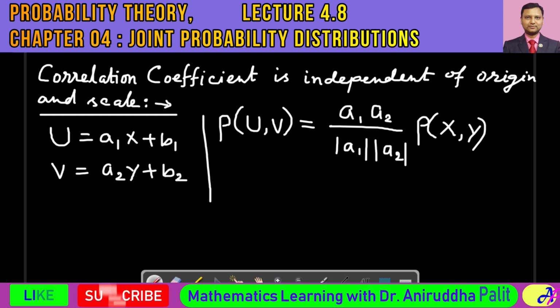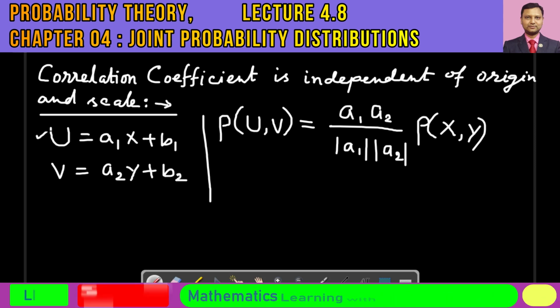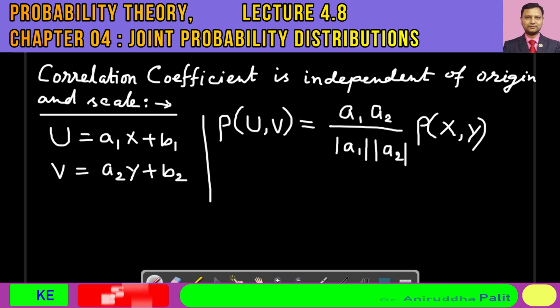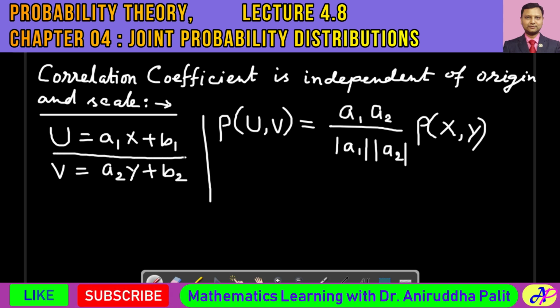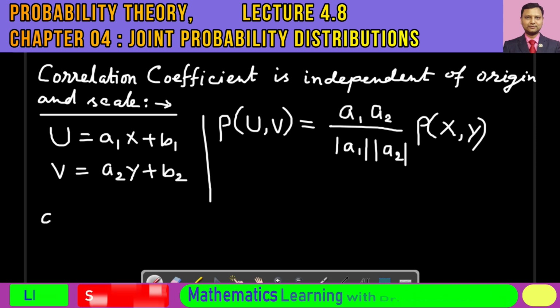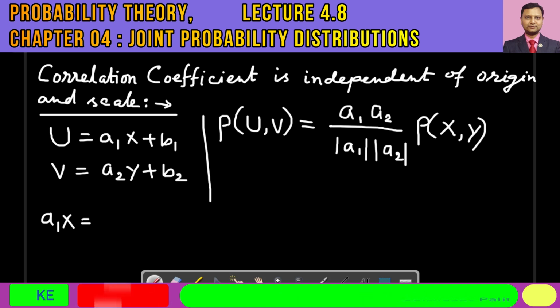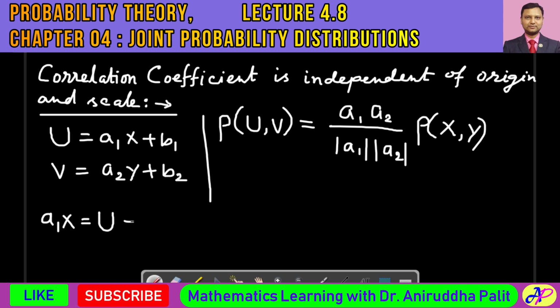All right, but now over here, you see what this type of transformation means. u is equal to a1x plus b1. This result can also be written in this way. You see, a1x is equal to u minus b1.